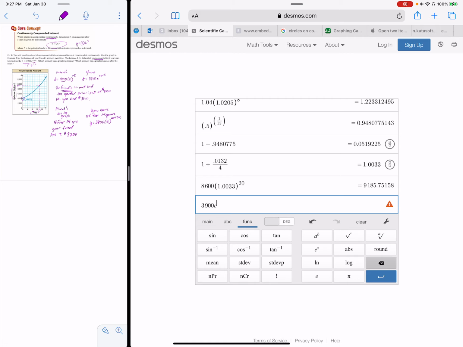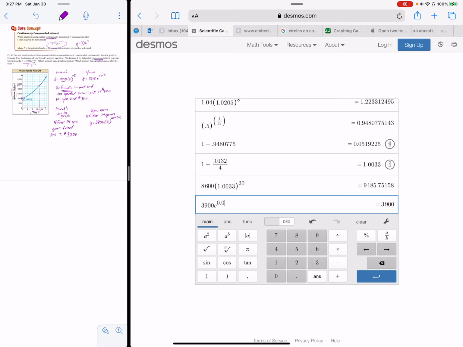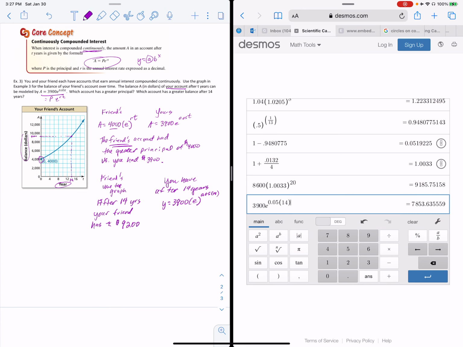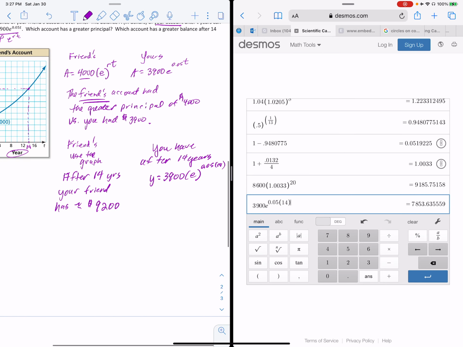So e to the, back to the main, 0.05, and then times 14. And I mean, you can only estimate about 9,200 on your friend's, so to the nearest dollar is fine. If you put 64 cents, that's fine. I don't mind.